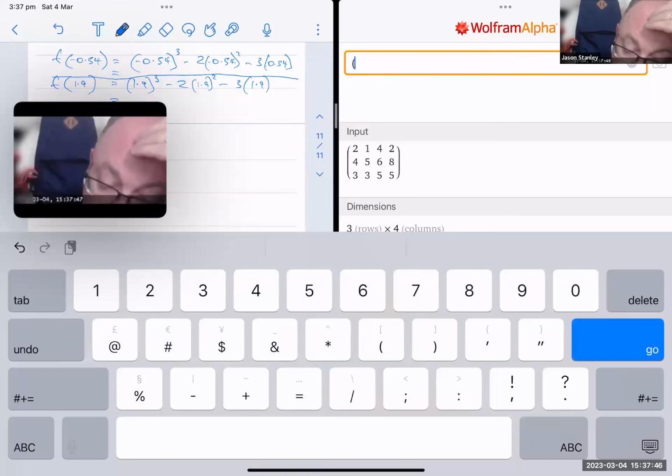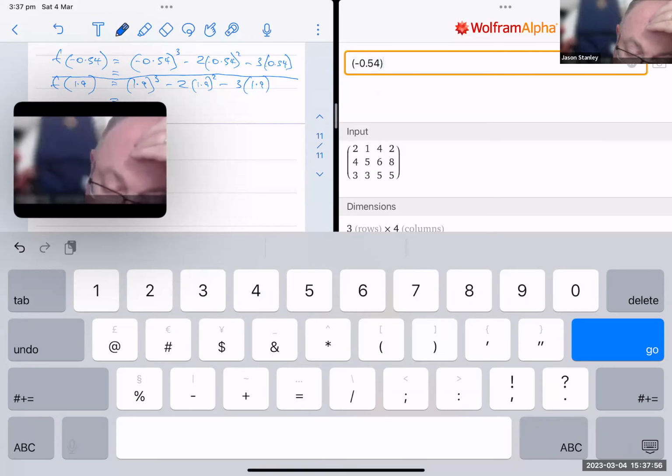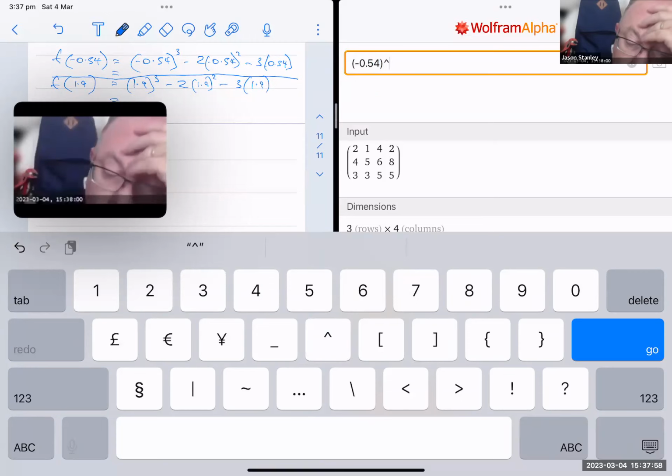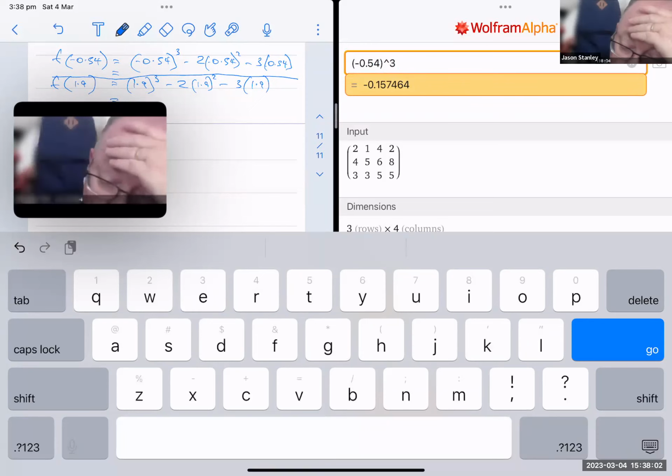You're going to do bracket minus 0.54, close the bracket, power 3, space. Thanks for telling me that.